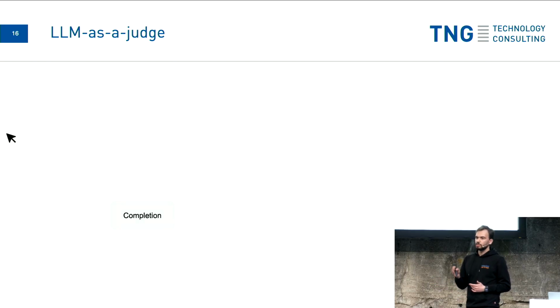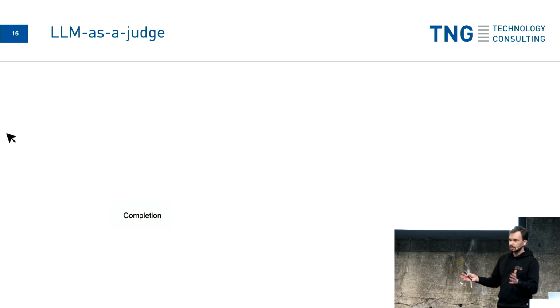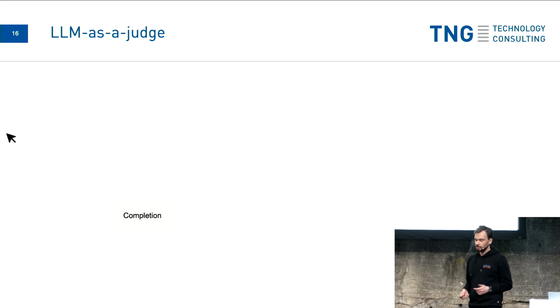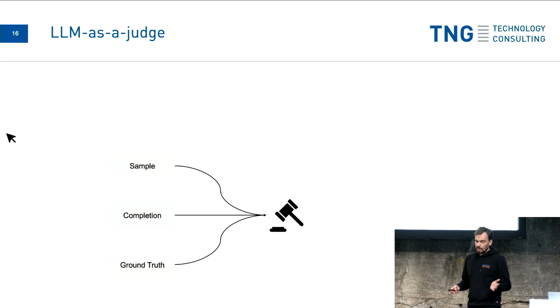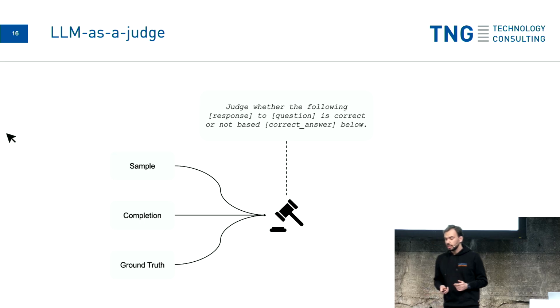We start with a completion, which we've seen earlier, which is Benin and Madagascar, for example, or text, whatever. Together with maybe the input sample or a ground truth, we can pass it to our judge LLM. And this LLM is prompted in a particular way.